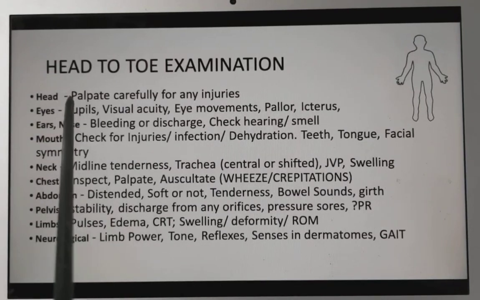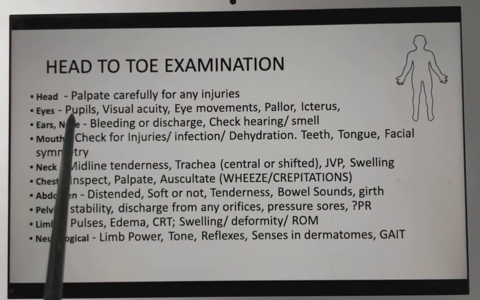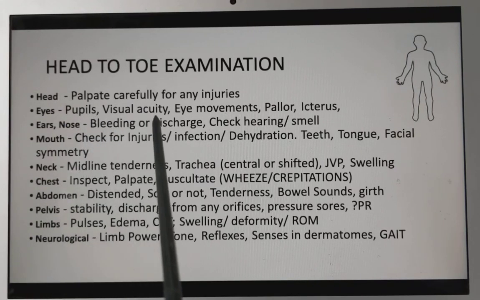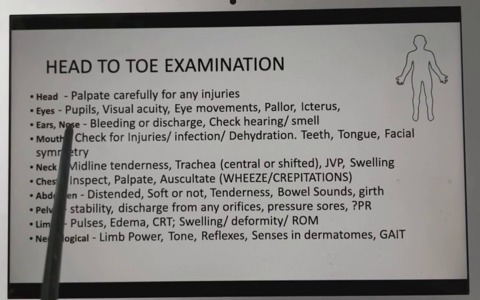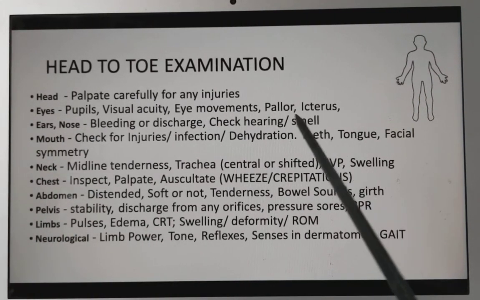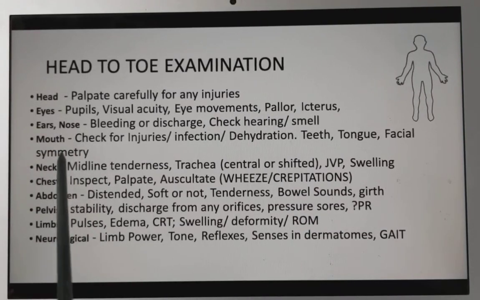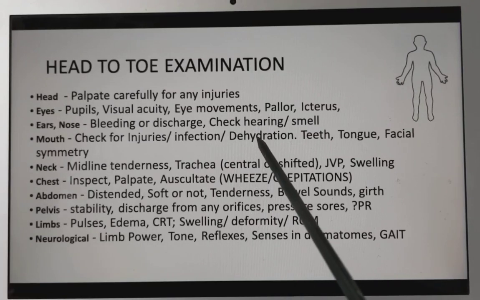When you examine the head, palpate carefully for any injuries. Go to the eyes: pupils, visual acuity, eye movements, pallor, icterus. Ears, nose: check any bleeding or discharge. Assess their hearing, their smell. Mouth: check for injuries, infections, dehydration.